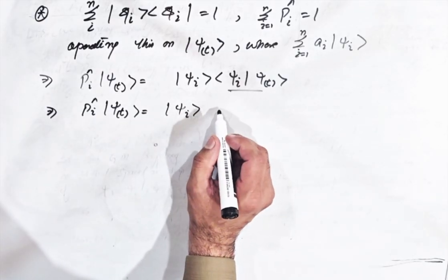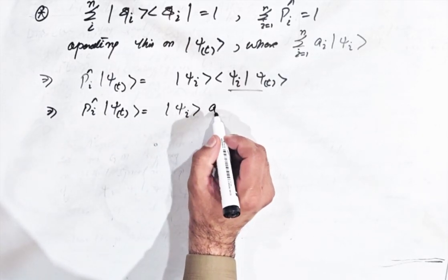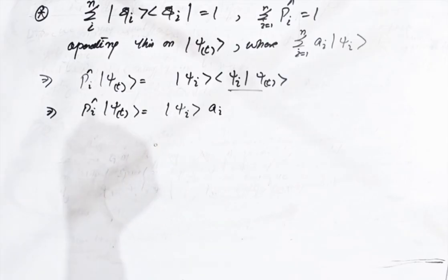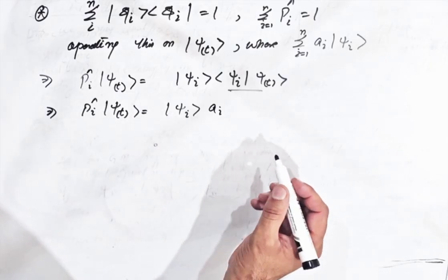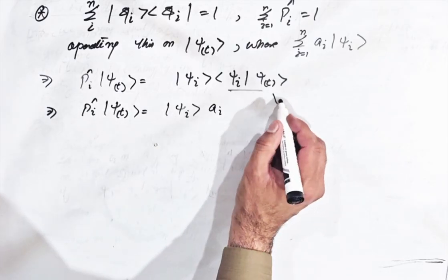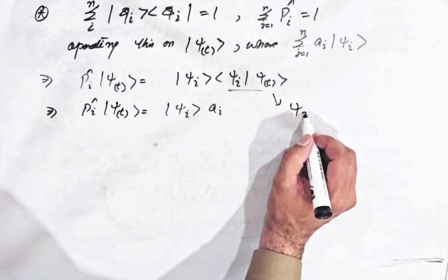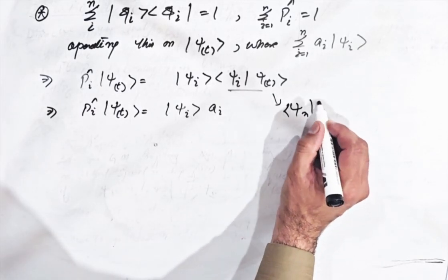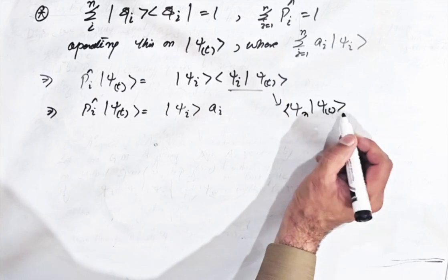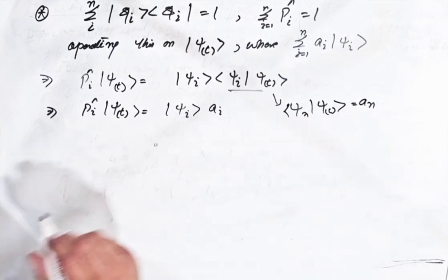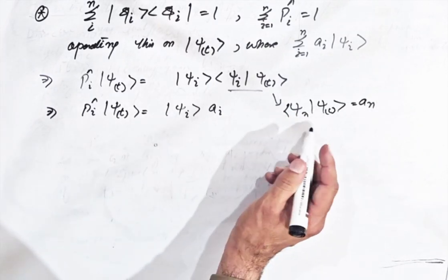This gives us A I, just like psi and psi t is an. Already defined and derived.